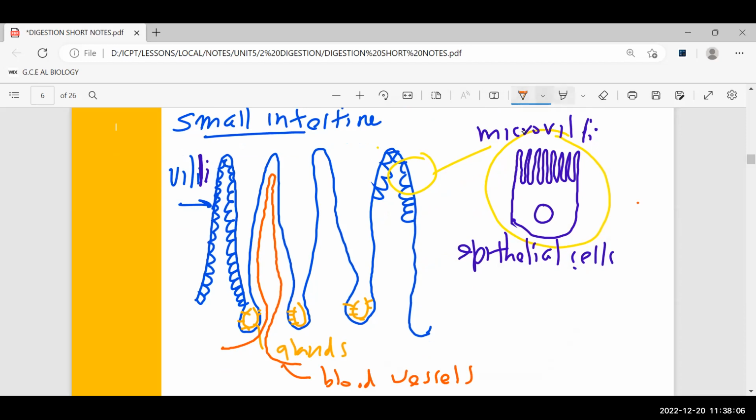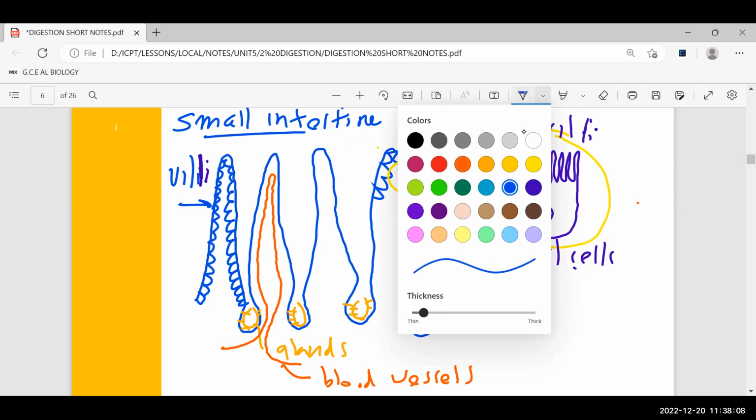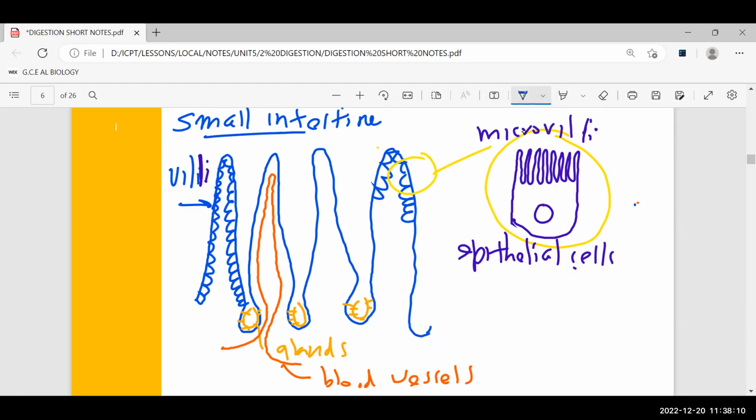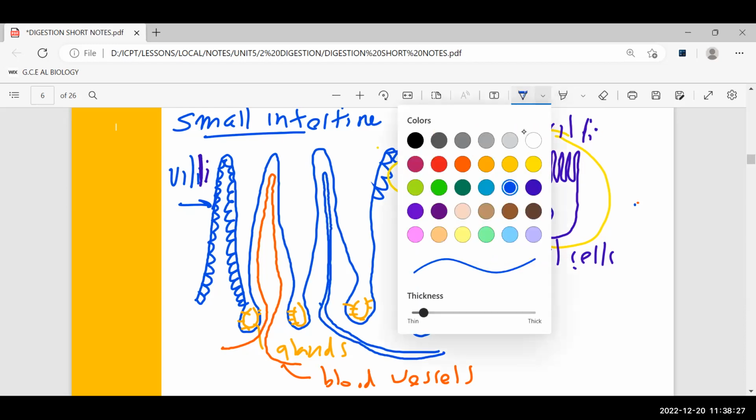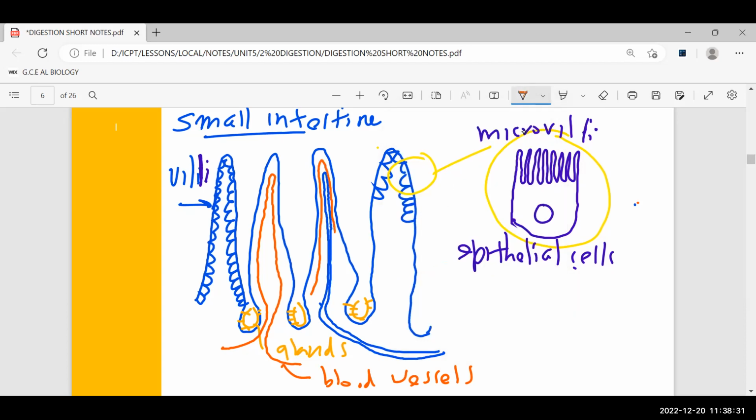And there is another separate absorption surface we can find like this. If I draw both blood vessels and this, the capillaries make the connection like this.